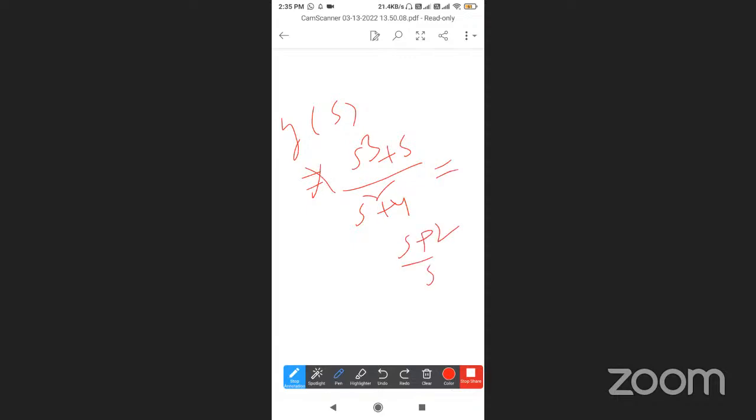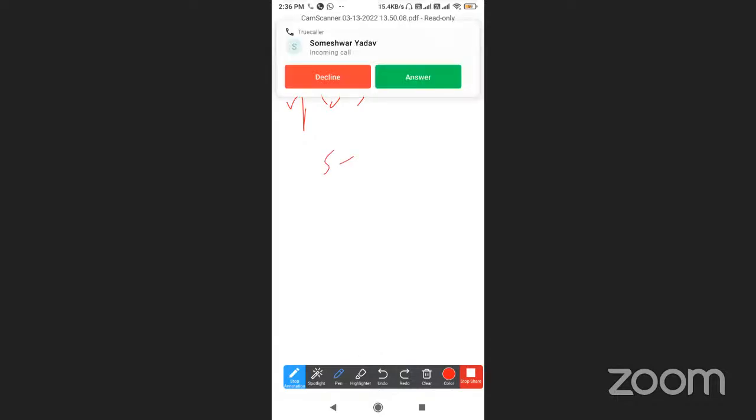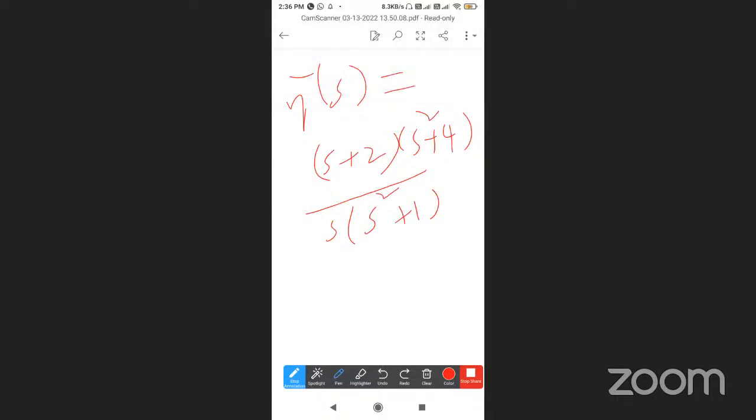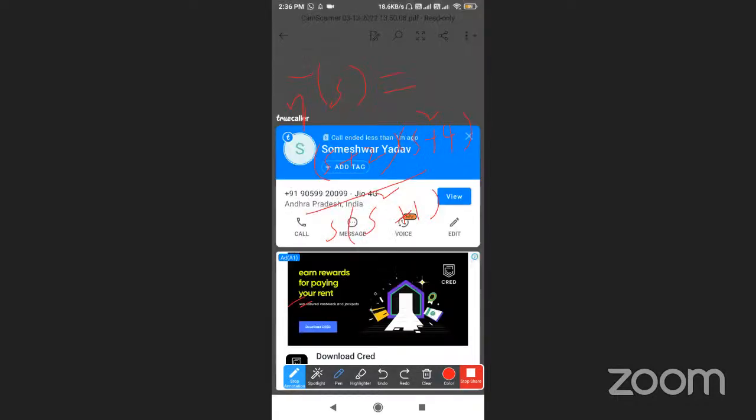So we take the denominator, and we have the partial fractions now.